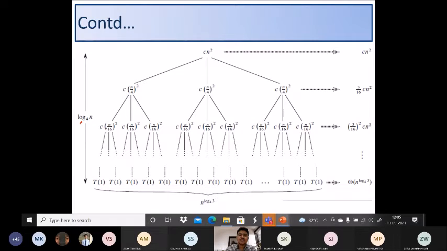Next step it should be c(n/16)², c(n/16)², and so on. No problem up to this. Now, where will we end? We will end at the base case. What is my base case? T(1) is my base case, so at the end it should be T(1).